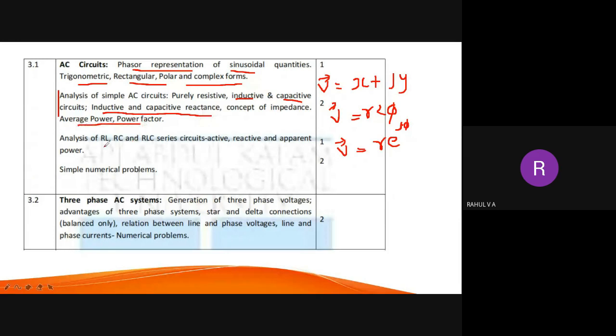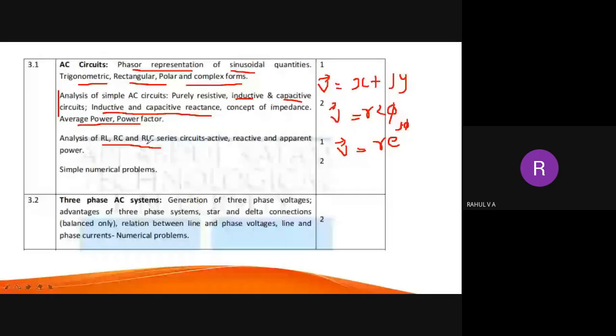First we will learn about pure inductive, pure resistive, and pure capacitive circuits. Then we will analyze the combinations: resistor and inductor, resistor and capacitor, and resistor, inductor, and capacitor. That is the first part of this module, and later we will discuss three other things.